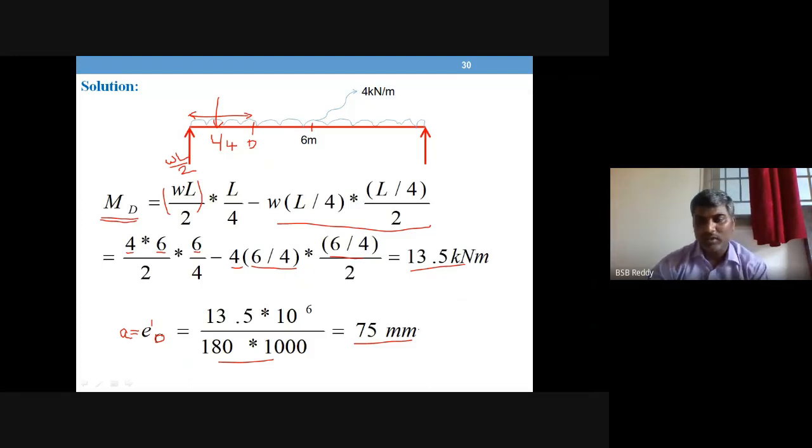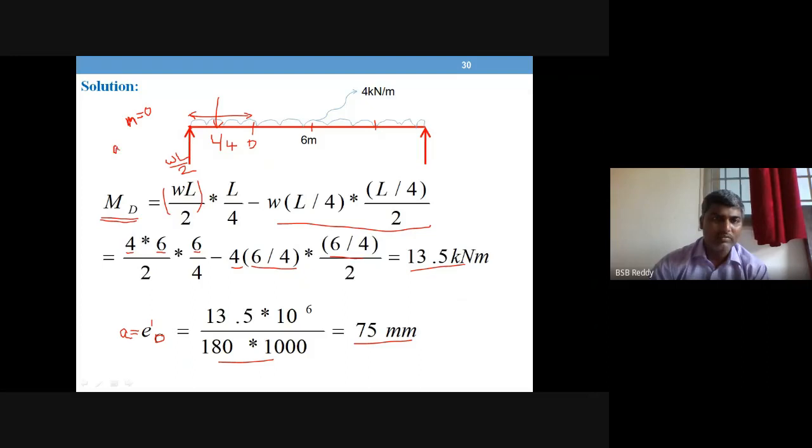So this is how we calculate A values at center and 1/4 distance. The same values hold good for the other half also. Okay, what about the support? What is the bending moment value at support? M is equal to 0.